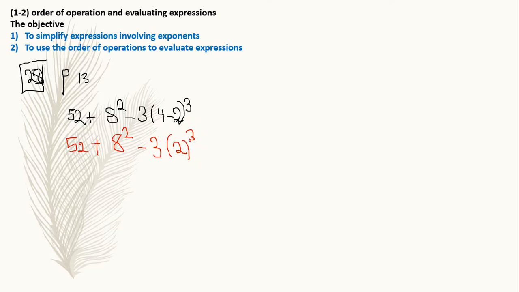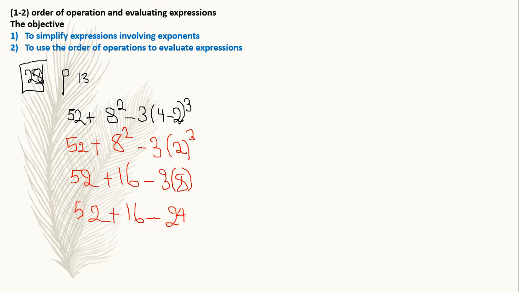Then we have to do the powers. So 52 plus 16 minus 3 times 8. So multiplication, a number stuck with parentheses, then it's a multiplication. So next we have to do the multiplication. 16 minus 3 times 8 is 24.